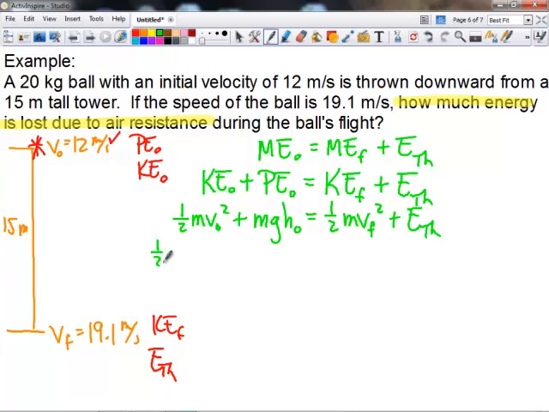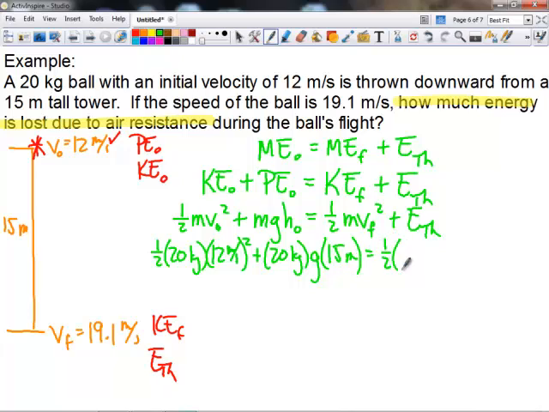So 1/2 times 20 kilograms times 12 meters per second squared, plus 20 kilograms times g times 15 meters, which is our height, equals 1/2 times 20 kilograms times 19.1 meters per second squared, plus ETH.